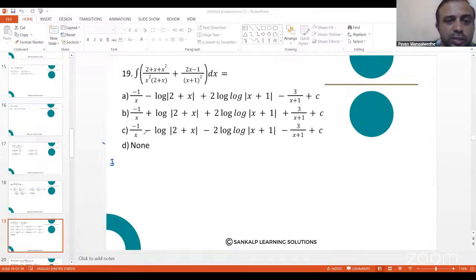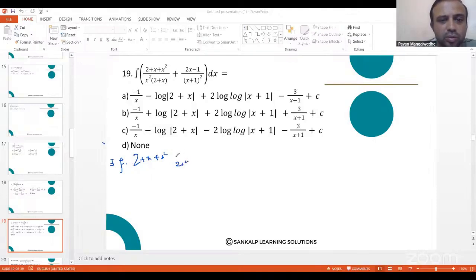So it is integration of 2 plus x plus, sorry, we are not getting the correct answer, because 2 plus x square, if you take it with the quadratic equation, it will become 2x square.